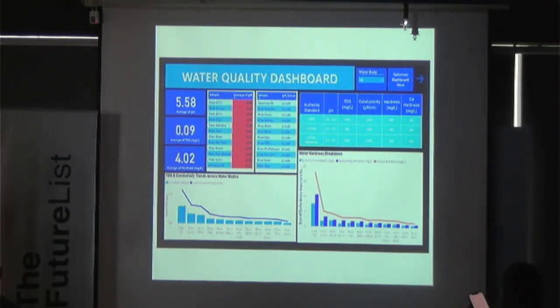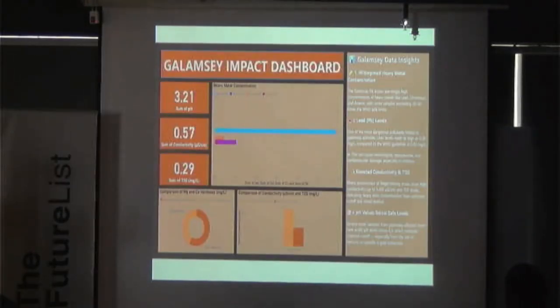Our final dashboard tells us the impact Galamsey specifically is having on our water bodies. In this dashboard, it tells us how the Galamsey pit is doing overall by considering all the 5 indicators. So the pH, which is 3.21, and the heavy metal concentration. Kindly take note that the Galamsey pit doesn't have any concentration of cadmium, but rather high concentrations of lead, chromium, and the other metals.